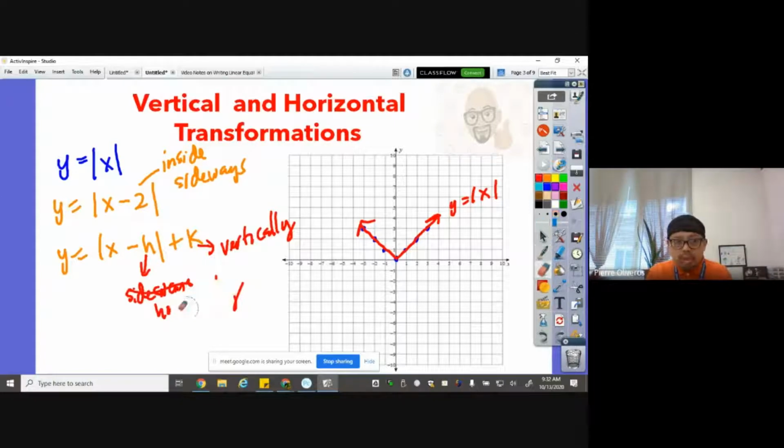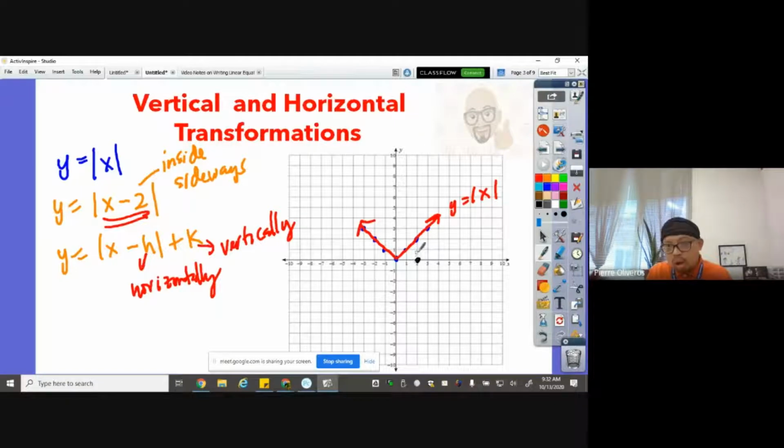So when we have horizontal, when we have a -2 here, since that's negative, you do the reverse. You go to the right 2.